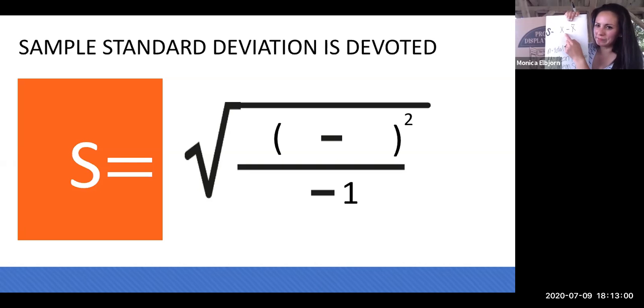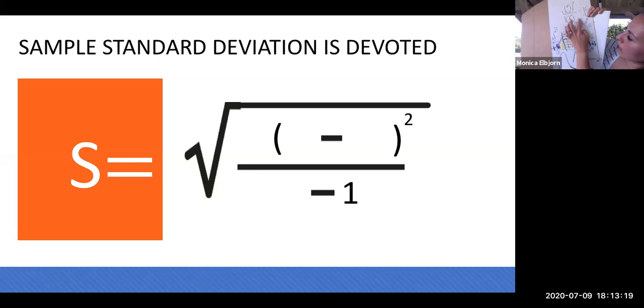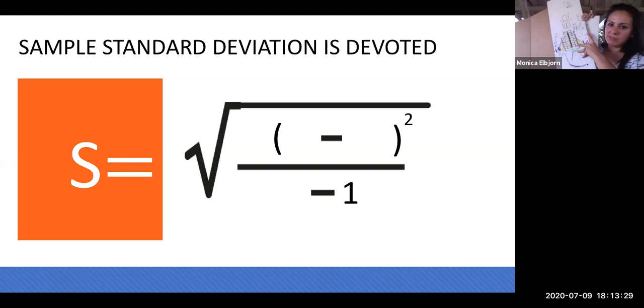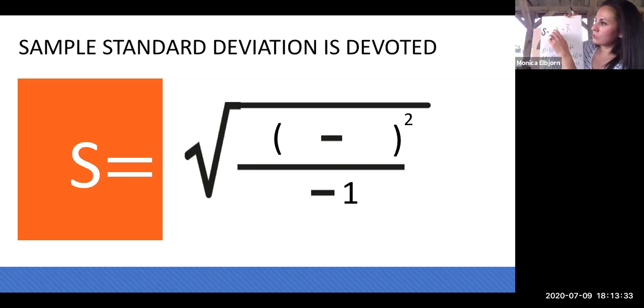Do you agree? I could have 8.2 minus 8, that will be 0.2. But I could have 7.8 minus 8, then that will be minus 0.2. I could have positive and negative numbers.